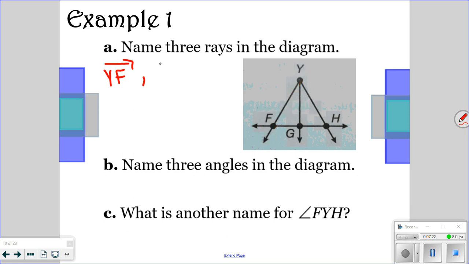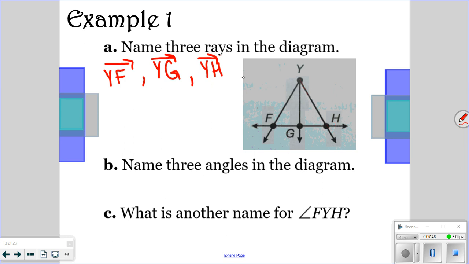Another ray would be YG. And that's the only way that you would be able to name this ray here. Another ray would be YH. And that would be this one here. And that's the only way that you can name that ray.